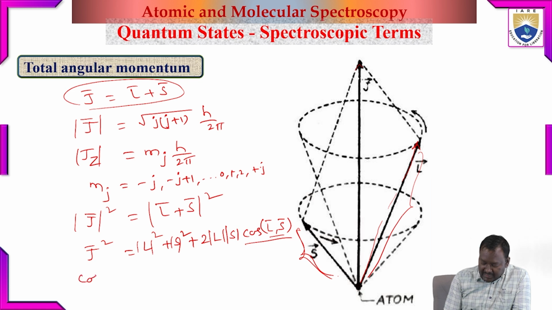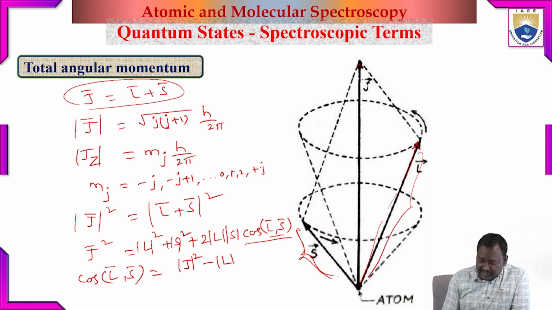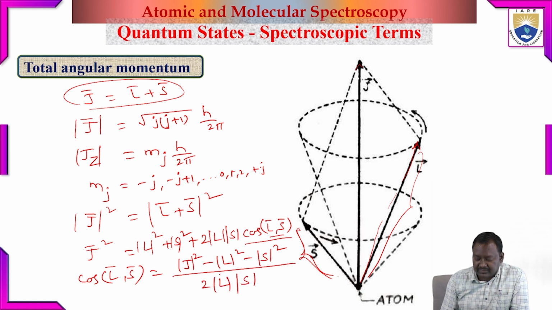So cos of the angle between L bar and S bar is equal to J square minus L square minus S square, after taking these two terms to the left side, divided by 2 into the magnitude of L and S. So we are taking magnitudes.